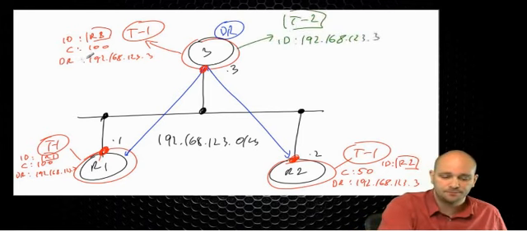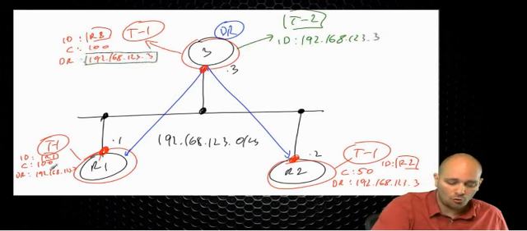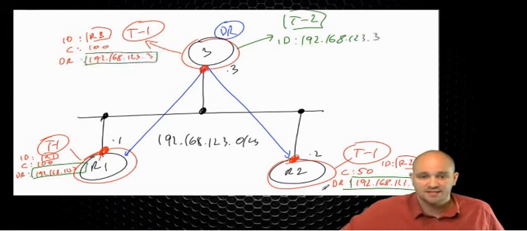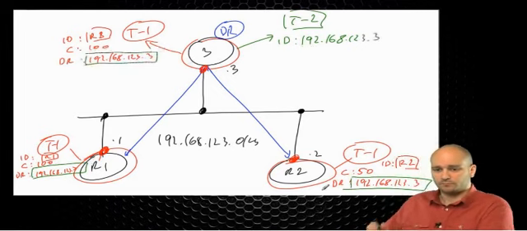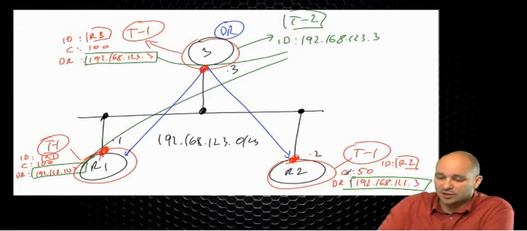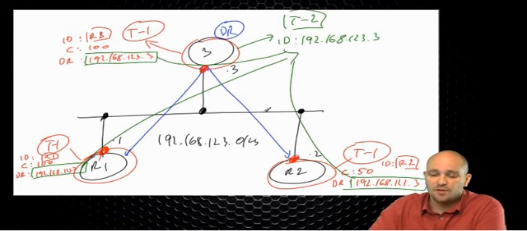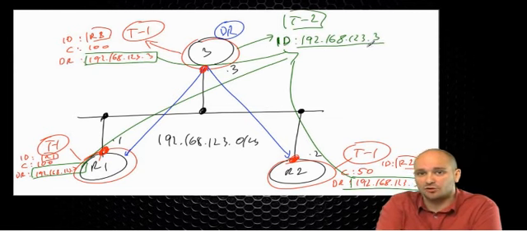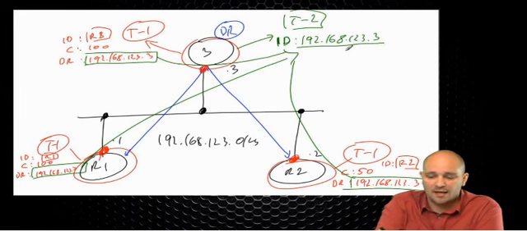Now, take a look at this. All of these routers are actually listing the IP address of the designated router as the key to look up the type 2 LSA. So they are telling other routers, if you need more information, look into this LSA. So the ID of type 2 LSA will actually be the IP address of the designated router on the segment.